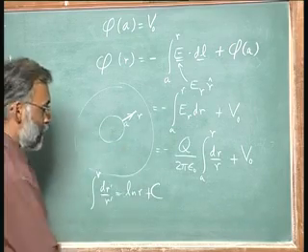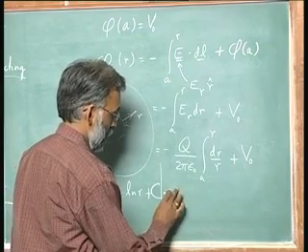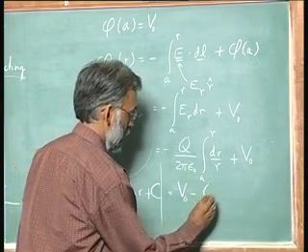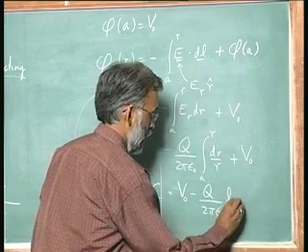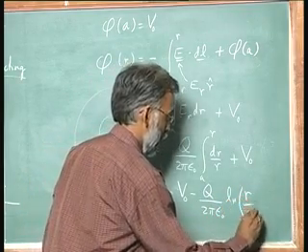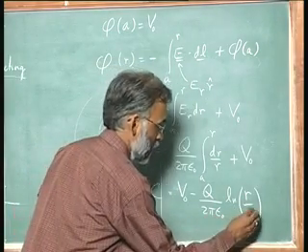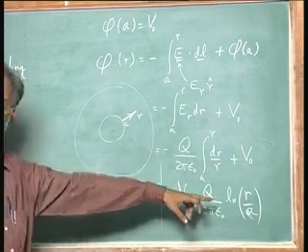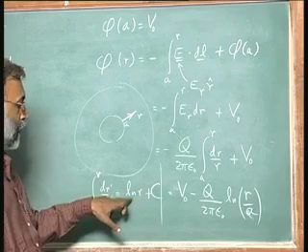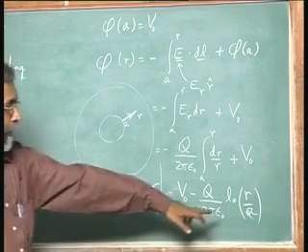Substitute that there, it is equal to V naught minus q over 2 pi epsilon naught ln r over A, where I have used the property of log: log of r minus log of A is equal to log of r over A.